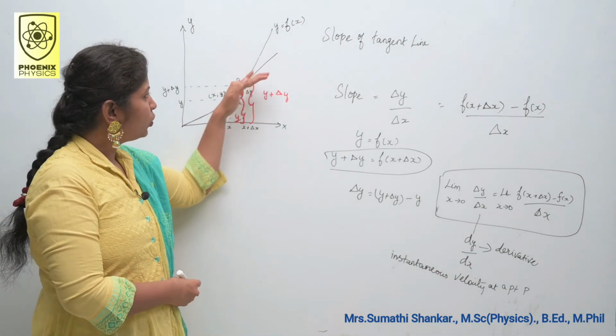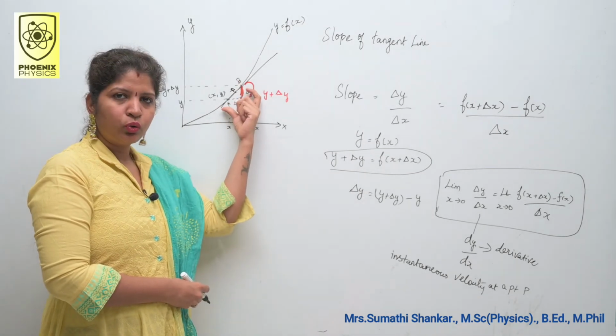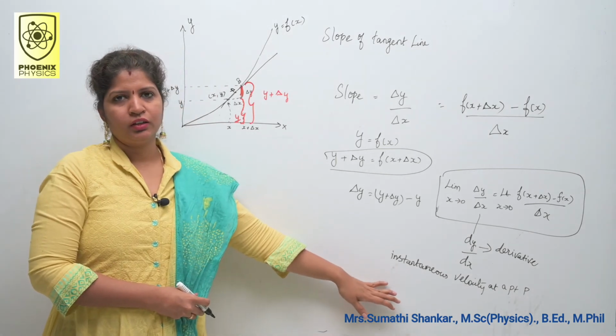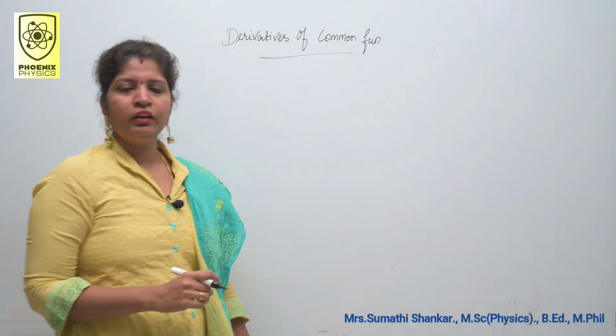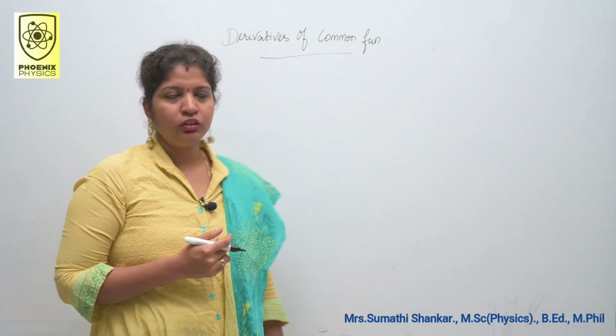First you draw one tangent line and then find out the slope. That slope will give the instantaneous velocity. Up to this clear? Next we will see derivatives of some common functions.